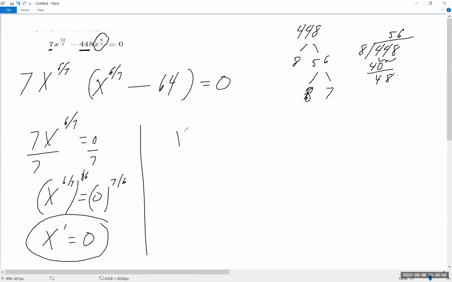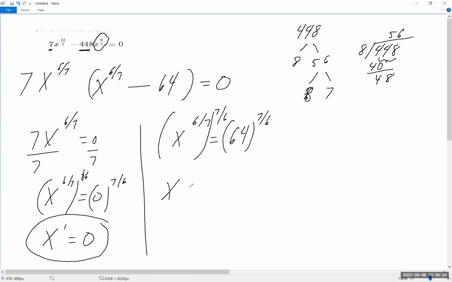On the other side, we have x to the 6/7 is equal to 64, because I moved this over. And I raise this to the 7/6.